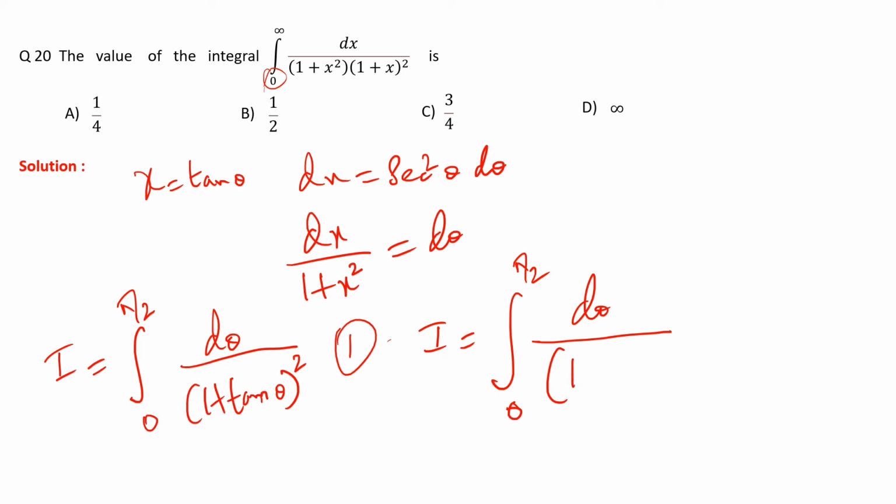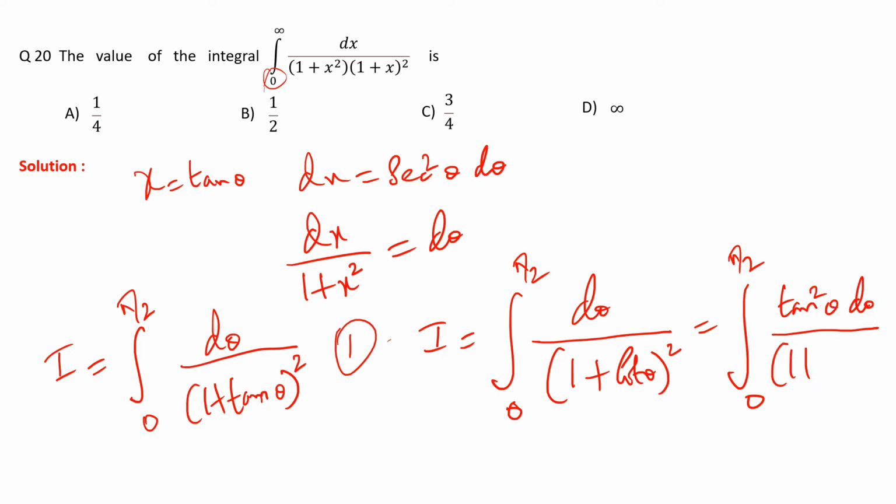So now it will become 1 plus tan (90 minus theta) whole square, means 1 plus cot theta whole square. Fine. This can further be written as 0 to pi by 2. Now just put cot theta equal to 1 upon tan theta. So it is going to become tan square theta in the numerator, d theta, divided upon 1 plus tan theta whole square in the denominator. Now students, this is our equation number 2.